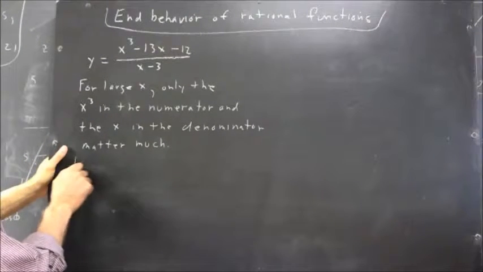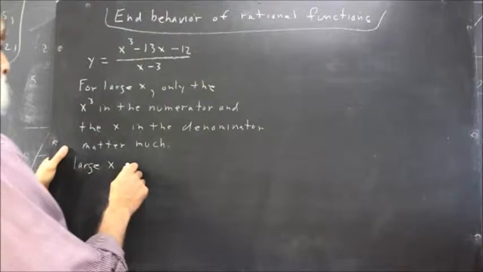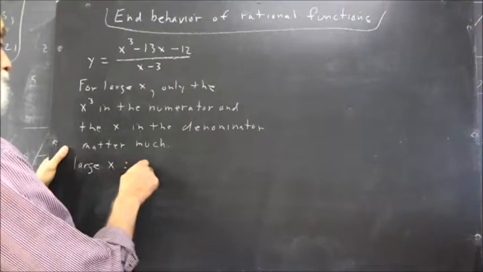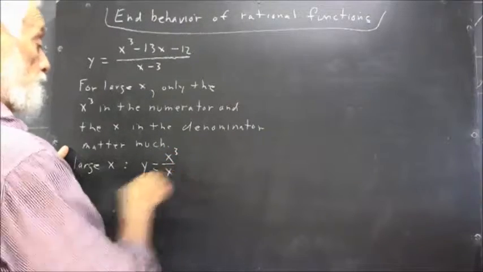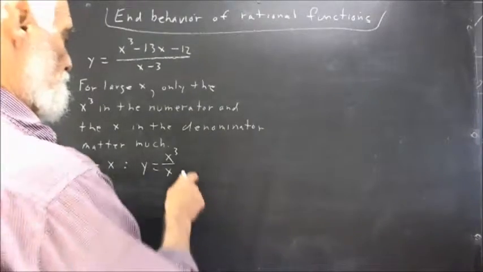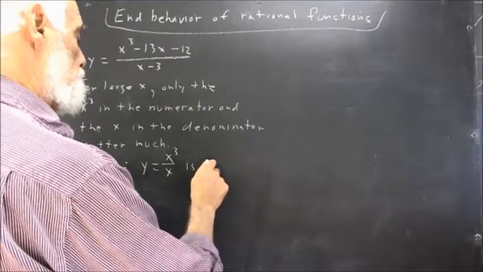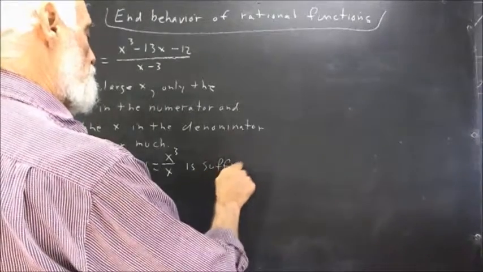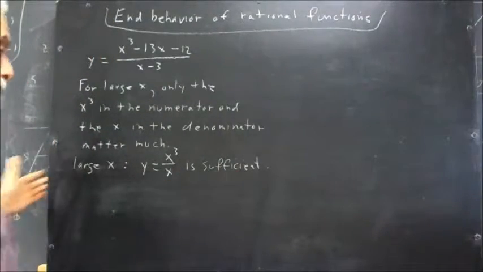So for large x, y is pretty much just x cubed over x. That's sufficient to determine what's going to happen.